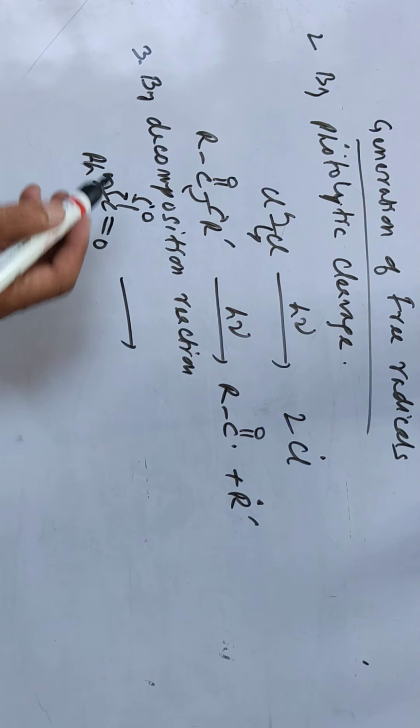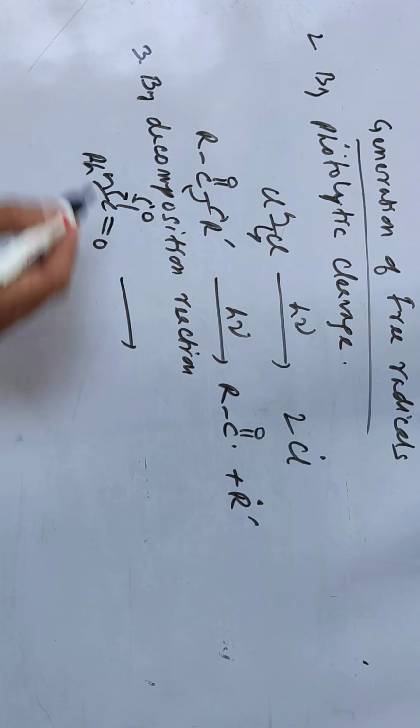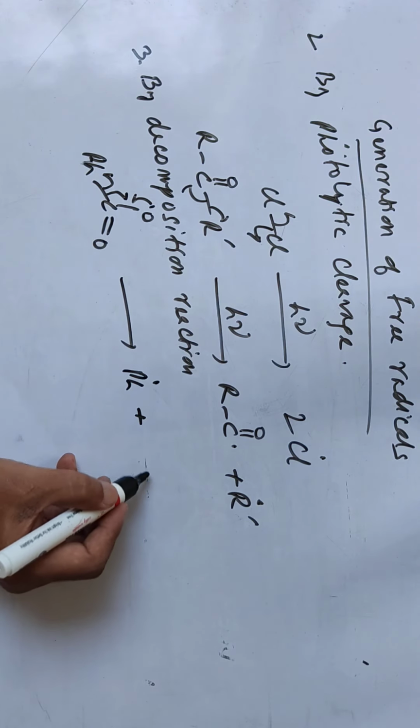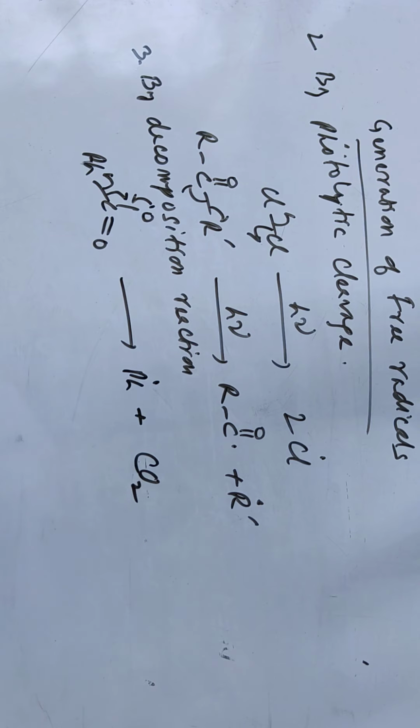The arrows here are fish hook arrows. Now this phenyl group becomes a radical and this becomes carbon dioxide, CO2. So free radicals can give other free radicals by decomposition reactions.